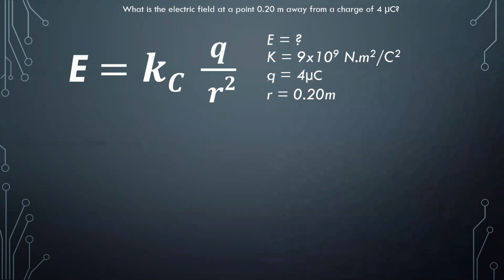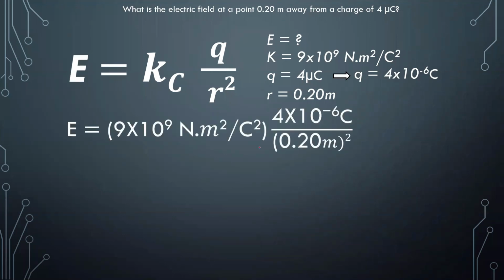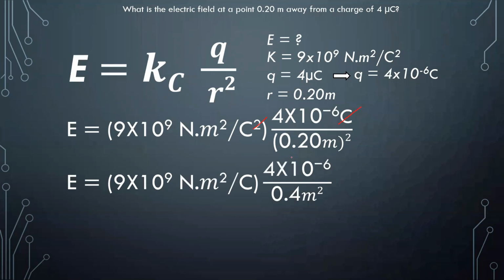Since our Q is in microcoulomb, let's convert it into coulomb. So 4 times 10 to the power of negative 6 coulomb. Then substitute. Cancel one C. And then simplify: 4 times 10 to the power of negative 6 over 0.20 squared meter, times 9 times 10 to the power of 9.